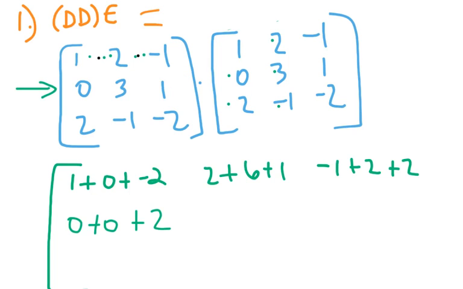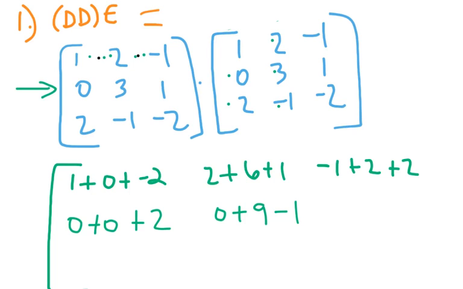Okay, still sticking with my second row here. Let's move on to our second column. I have a 0 times a 2, which is just 0, plus I have a 3 times a 3, which is 9. And I have a 1 times a negative 1, which is just minus 1.